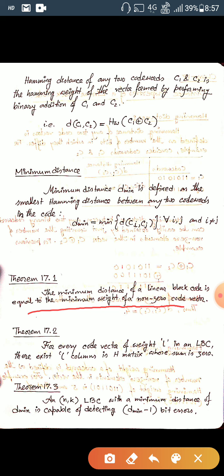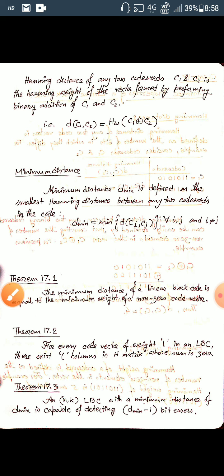So it is easy to understand. Again, the minimum distance of a linear block code is equal to the minimum weight of a non-zero code vector, so the minimum distance can be identified through that.